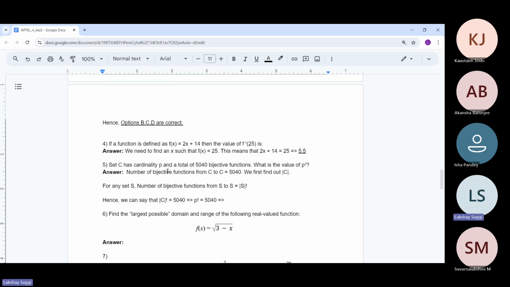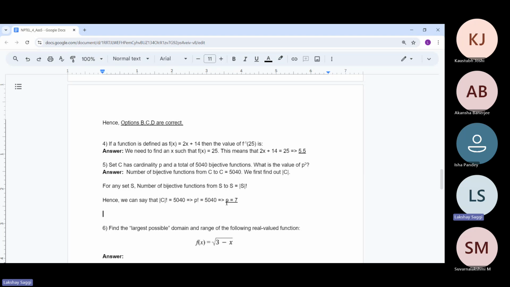It's not too difficult. P will be equal to 7 in this case. You can just see because 5 factorial is 120, 6 factorial is 720, and 7 factorial is equal to 5040. So we arrive at the value P equals 7. And since P equals 7, the value of P square is 7 square, which is 49.